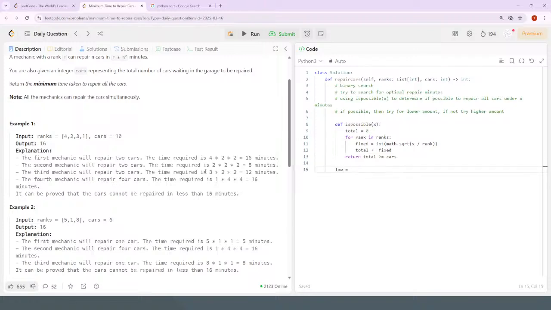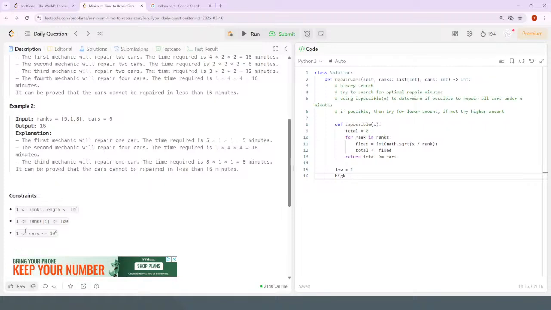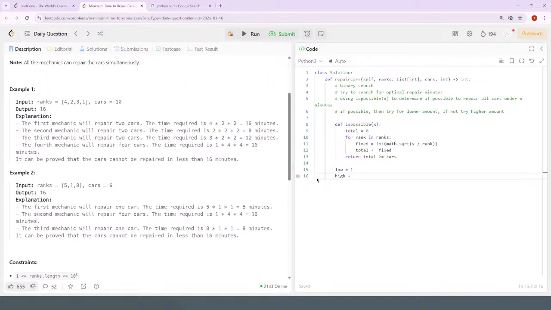So the low number of minutes that you try for, let's say right now, is 1, and the high amount of minutes is, well, let me think about this.